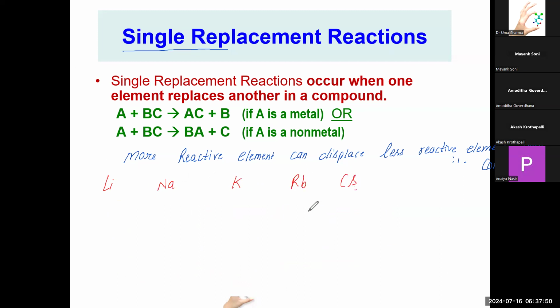Very good, Mayank and Amodita, perfect. Lithium is least reactive. You know the reason? Size increases, tendency to lose electrons increases, ionization energy decreases, and metallic character increases. They become more metallic. They are more happy to lose electrons. Okay, that's the order. So let's see the reaction.